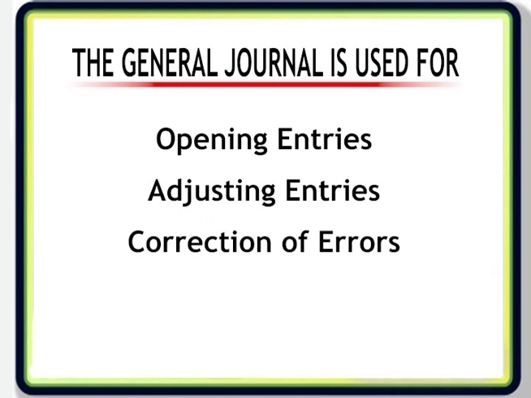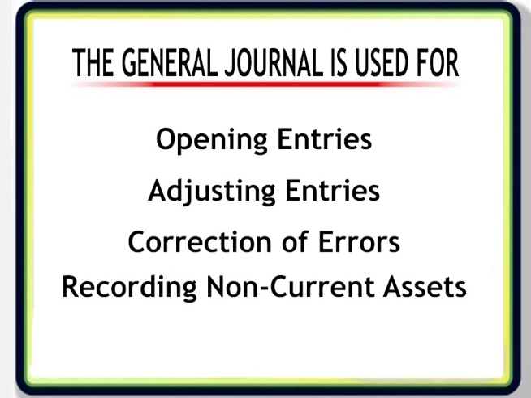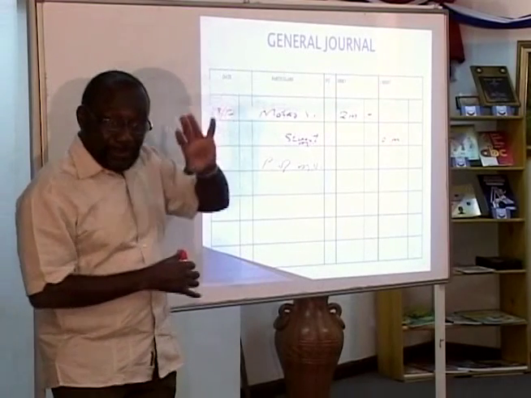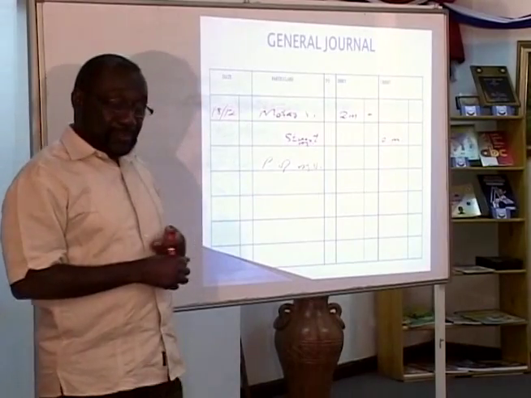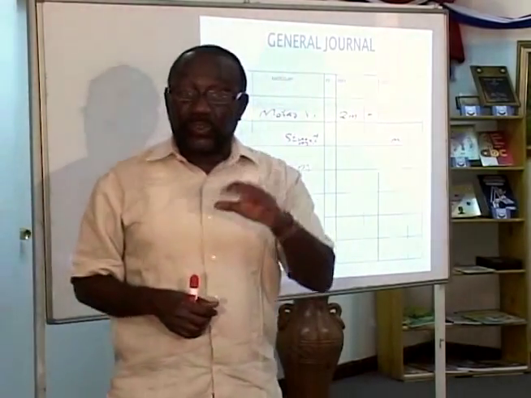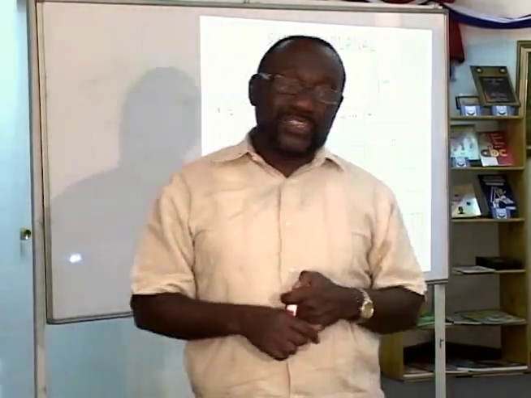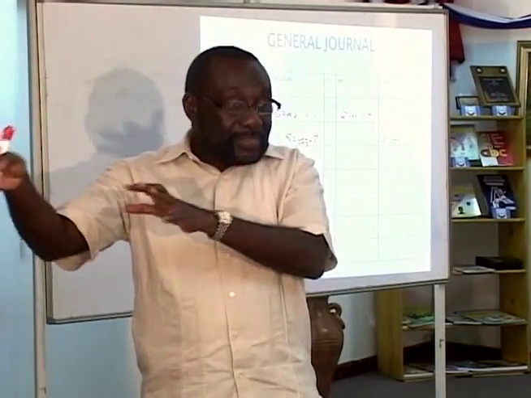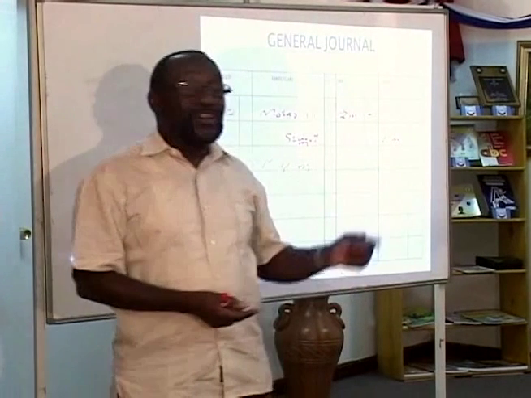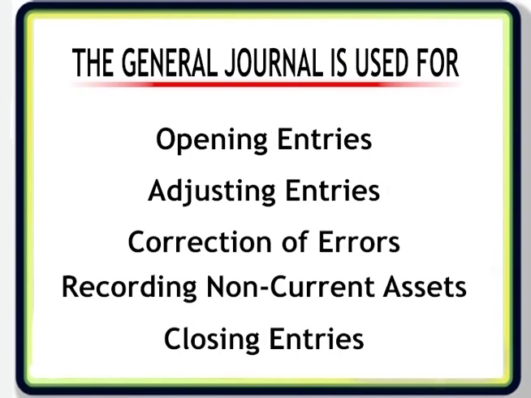And we have just shown that it is also used for the recording of non-current assets. That's number 4. Just as you told me that the journal is used to record opening entries, it means that it also is used to record closing entries.